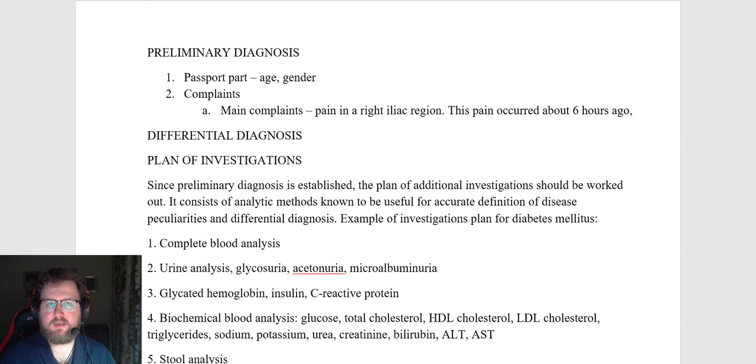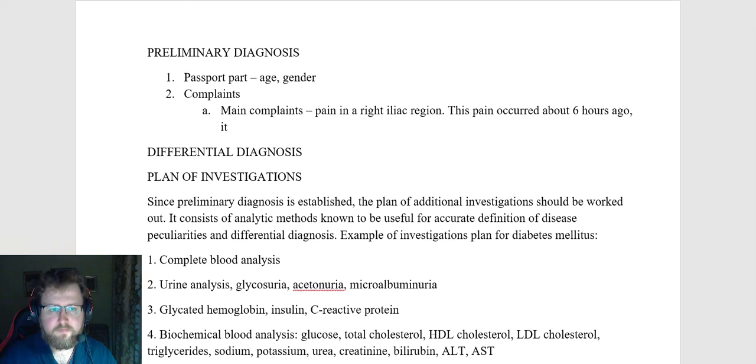It started at the epigastric region. Then it migrated to the right iliac or inguinal region.